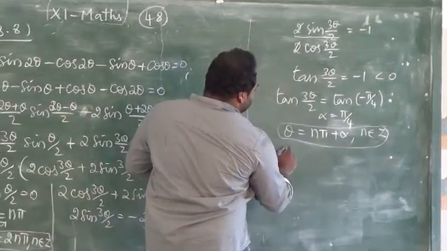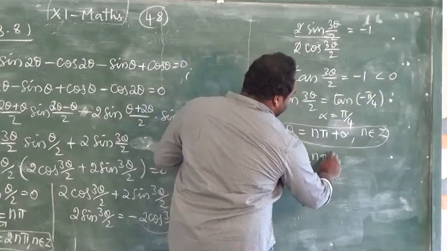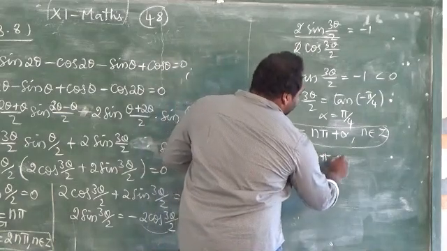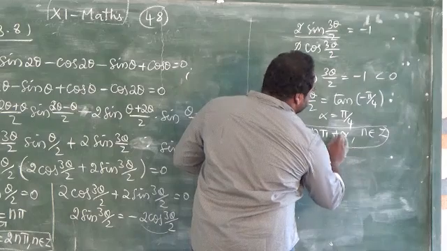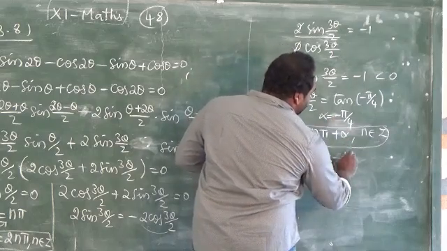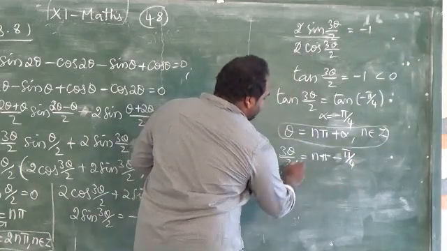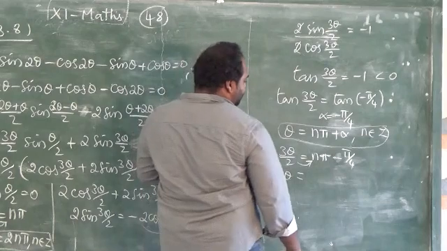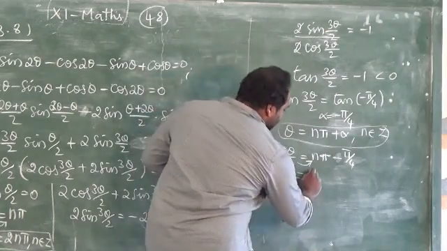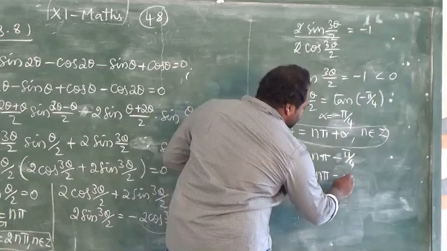So here 3 theta by 2 equal to n pi plus alpha, which is minus pi by 4. I need only theta, so carry one by one to this side. It will be multiplied throughout the right hand side: 2n pi minus pi by 2.